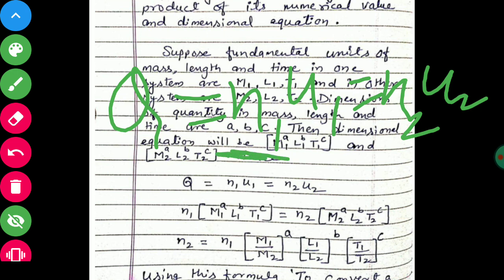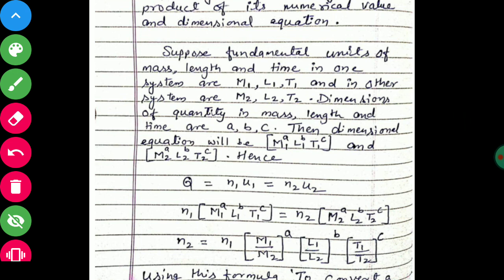Here n1 is the numerical value in the first system, u1 is the unit in the first system, n2 is the numerical value in the second system, and u2 is the unit in the second system.